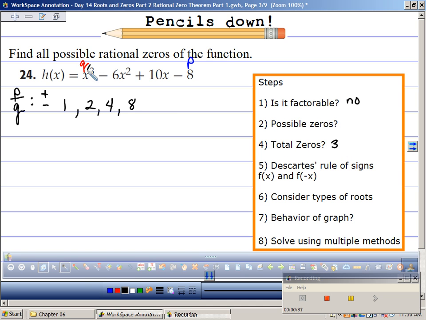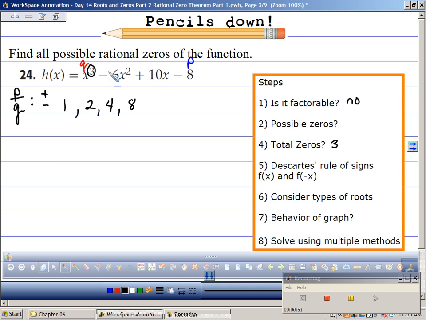Right? The degree of this polynomial is 3. So now we're going to do Descartes' rule of signs. It's function of x in the positive and function of x in the negative to figure out how many positive zeros we have, how many negative zeros we have, and how many imaginary zeros we have.